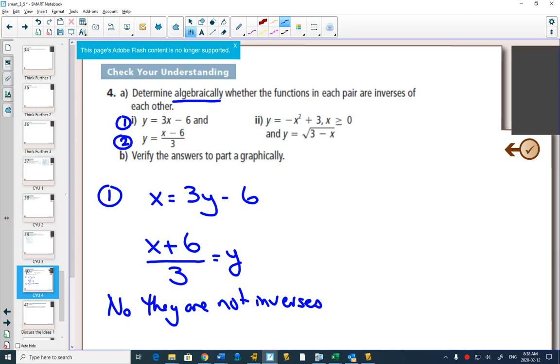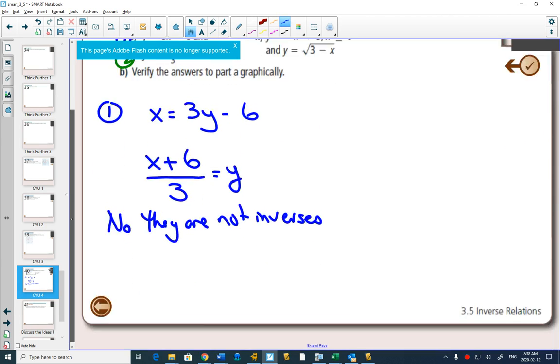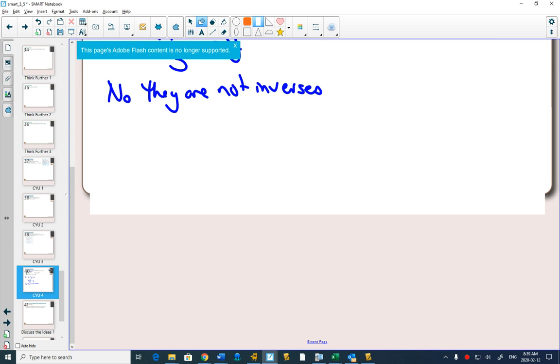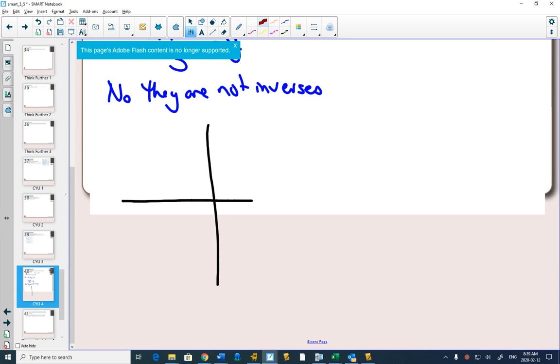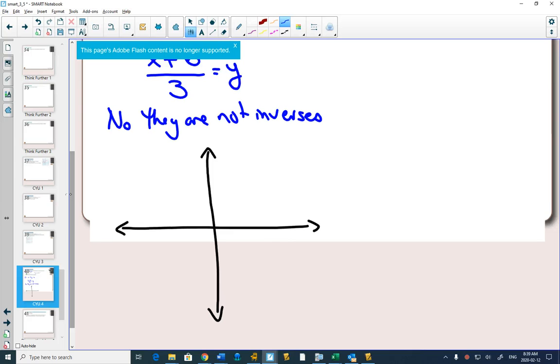Okay? Graphically, I'm going to change this number 2 to green. Graphically, for that same question, our blue equation was y equals 3x minus 6.